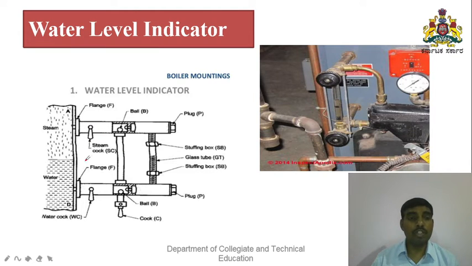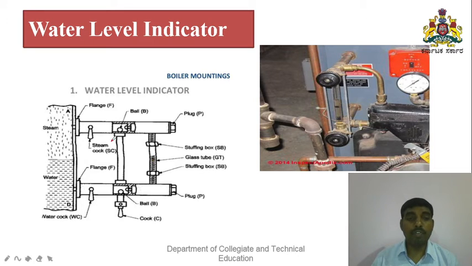When the water cock opens, the water flows here and flows through the ball. It will again be indicated here in the glass tube. It flows here and is measured in the glass tube.